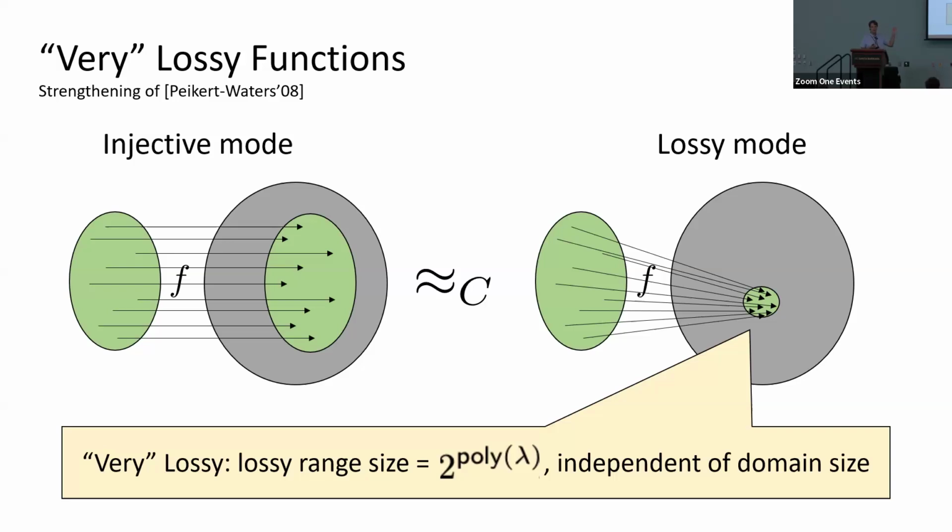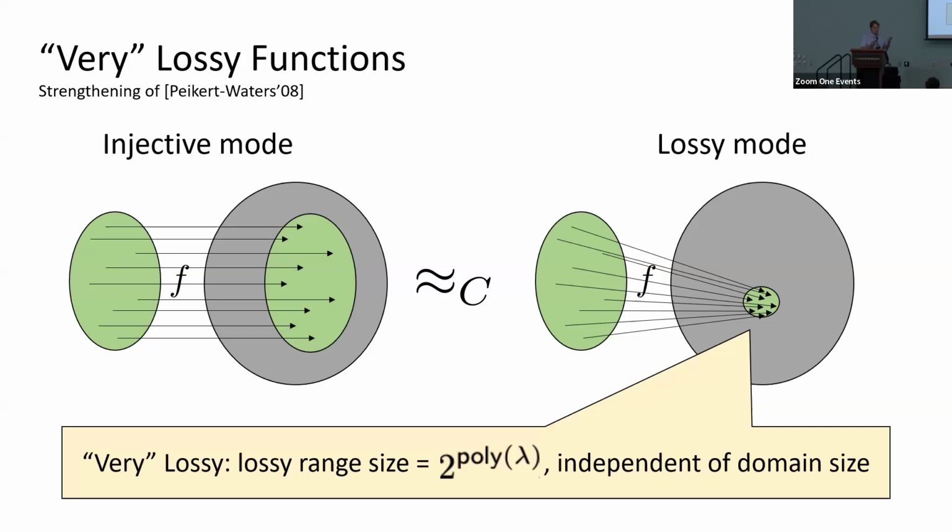It maps the domain to range and there's no collisions. On the other hand, in the lossy mode, the function is very lossy. It maps the domain into a very, very small set, much smaller than the size of the domain. And a lossy function guarantees that the injective and the lossy modes are indistinguishable, despite being very different functions.